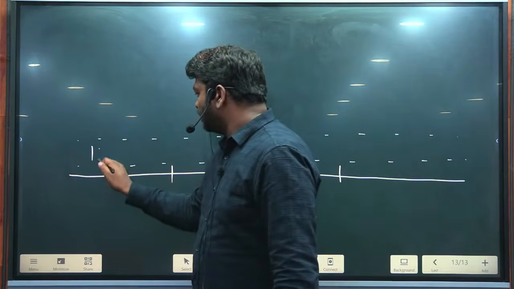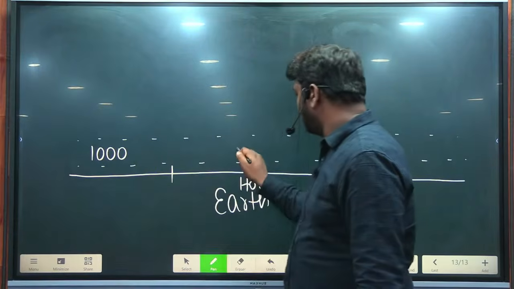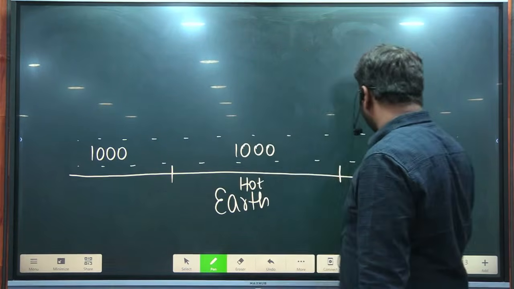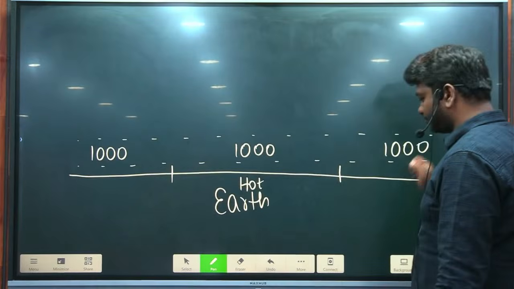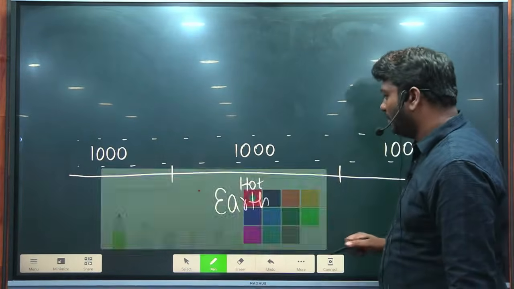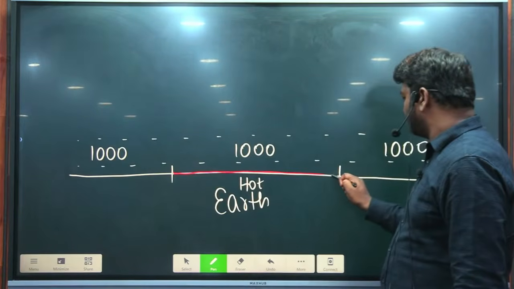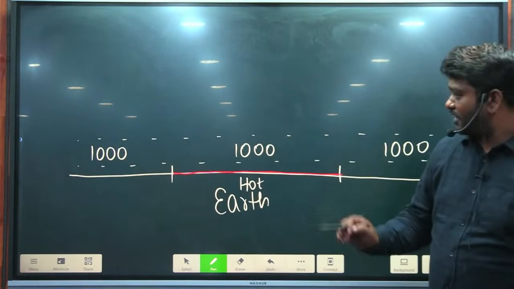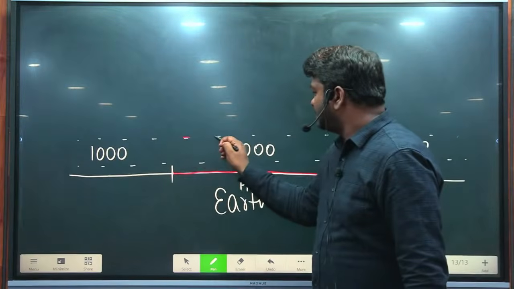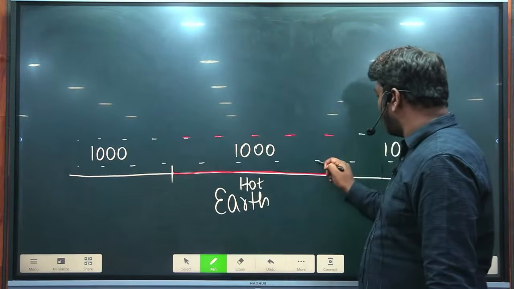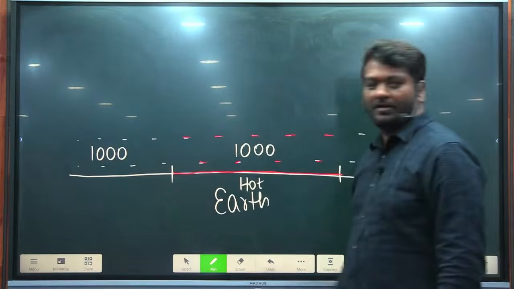Let me assume here also 1000, 1000 and 1000. Now what happened? Land became very hot. As land became hot, can we say air also becomes hot?